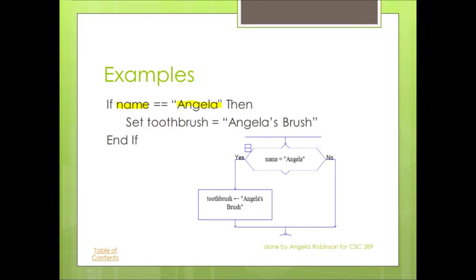That is because it is a string data type. All string data needs to be in double quotations when being used within code of a program. If the user typed in the name Angela, then we set the value of the toothbrush variable to Angela's brush. Again, this value is a string and has to be included between double quotations.